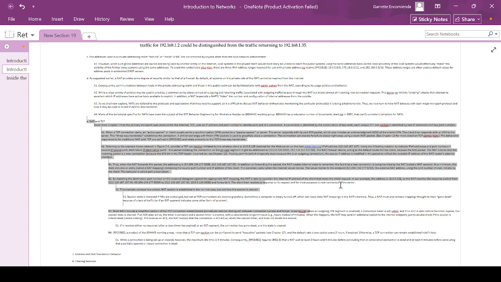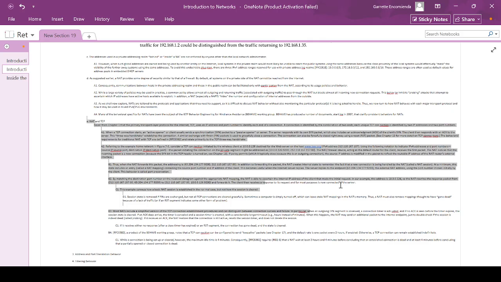Thus, when the NAT forwards this packet, the addressing is 63.204.134.177:9200; then 212.110.167.157:80. In addition to forwarding the packet, the NAT creates internal state to remember the fact that a new connection is being handled by the NAT, called a NAT session. At a minimum, this state includes an entry called a NAT mapping, containing the source port number and IP address of the client. This becomes useful when the Internet server replies.